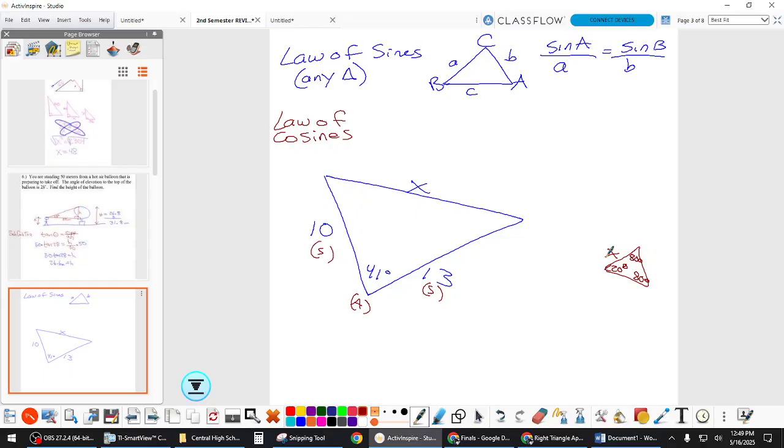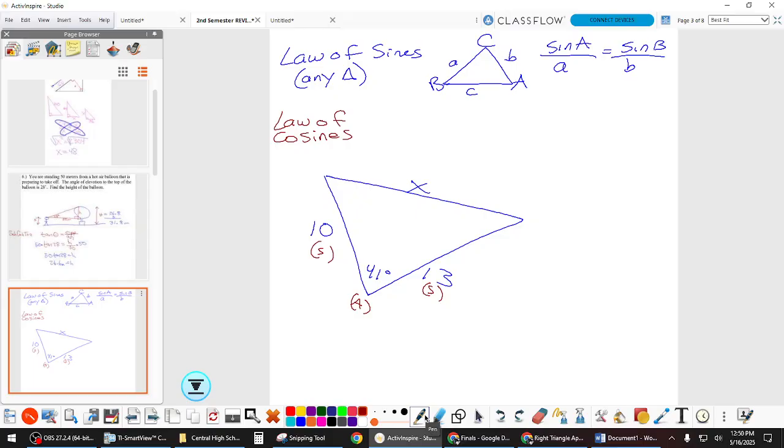If I told you to draw a 20, 80, 80 triangle, are we all going to draw the exact same one? You might draw one this size, and then someone else out in the field draws one that size. So can we just make up a length? No. If I just give you angles, you can't solve for lengths. That's part of that whole triangle congruence concept.